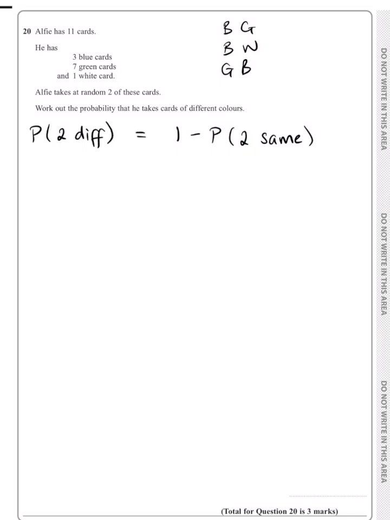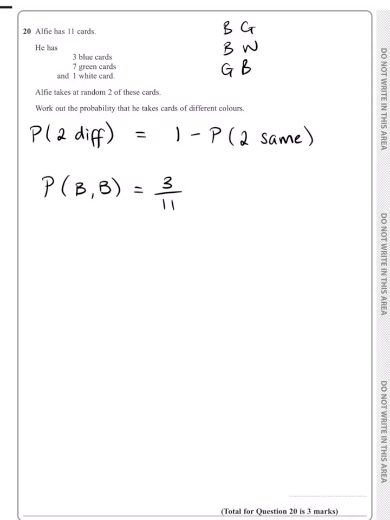So finding the probability that 2 cards are going to be the same, the first option is that we're going to have to find the probability that we get blue blue, and it tells us that we have 3 blue cards and there are 11 cards in total. So the probability that my first card is going to be blue is going to be 3 out of 11. And I want to multiply on the probability that it's going to be blue again. Now, if we've taken out a card, we're not going to replace that, and he takes out a second card.